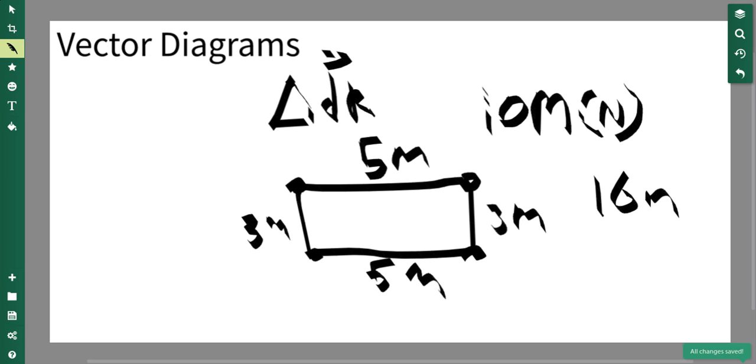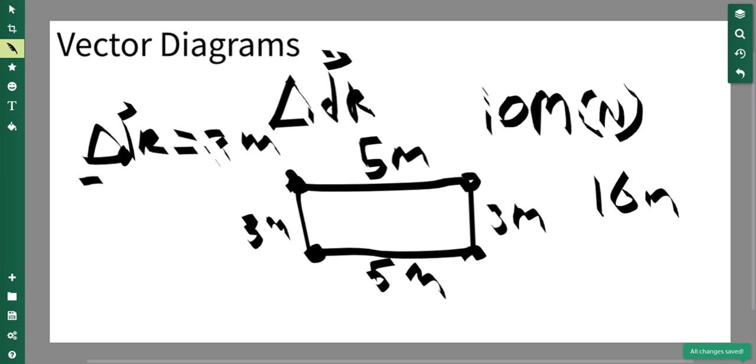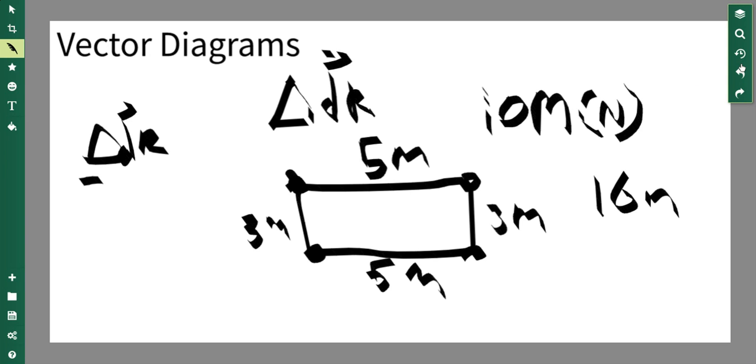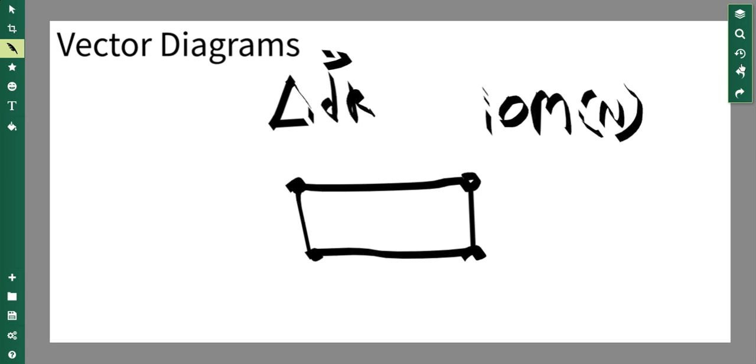But let's say you started over here and went all around and ended over here. Your resultant displacement would equal 3 meters, because that's how far you are from where you started. That's what resultant displacement is, and vector diagrams help you find it, like I've been saying.